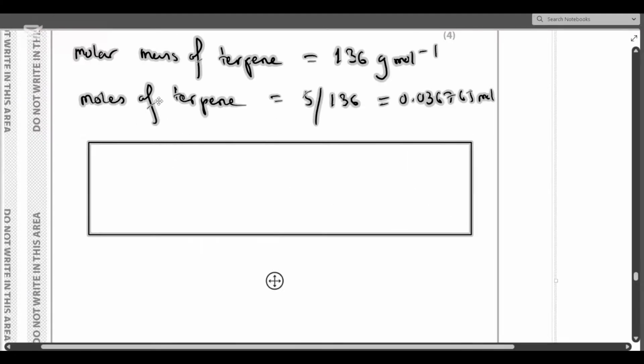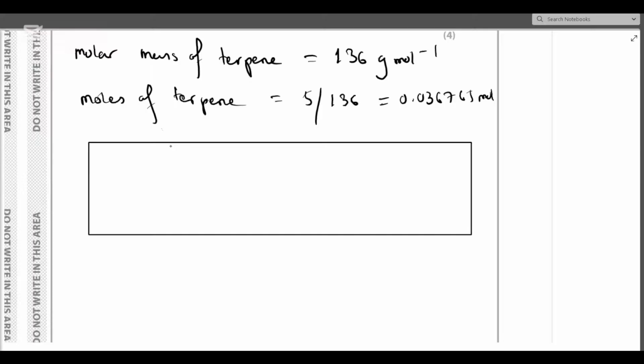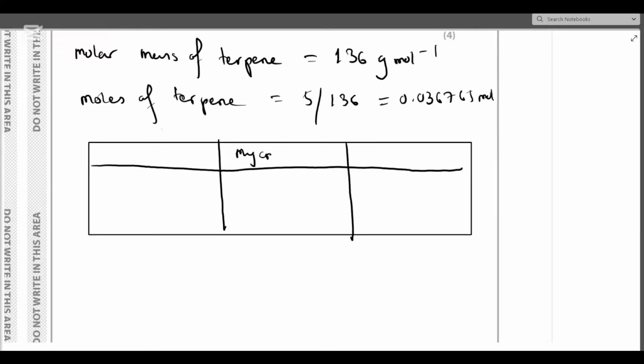So we can just create a shape, something like this. This is going to be myrcene, and that is going to be limonene. You calculate the number of moles of hydrogen required. Since you now know the moles of terpene, which is 0.03675, for both it's the same.